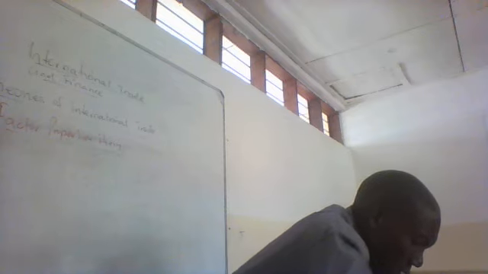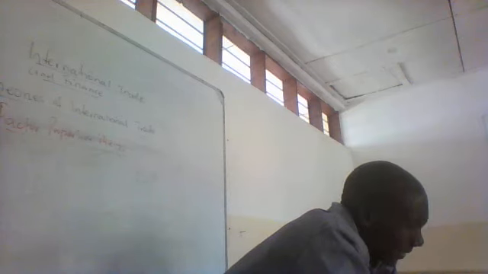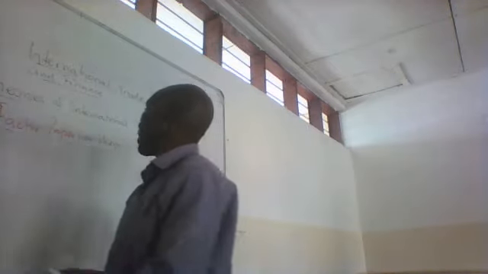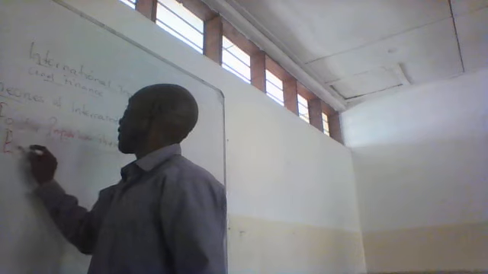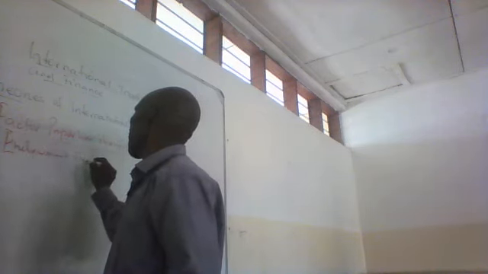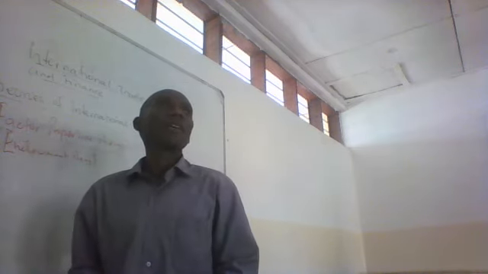When we talk about factor proportion theory, the one who studied it, factor proportion theory is sometimes known as endowment theory. It is sometimes known as endowment theory. Factor proportion theory, endowment theory.